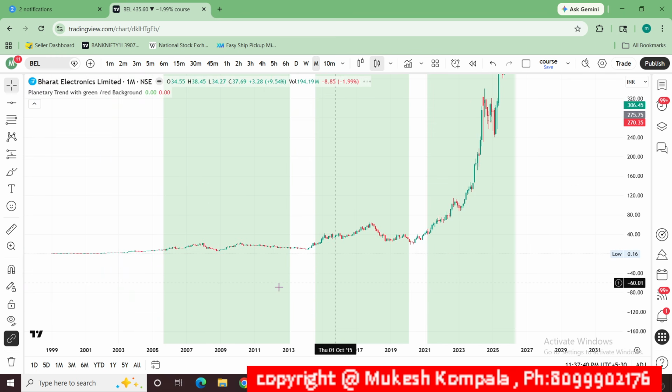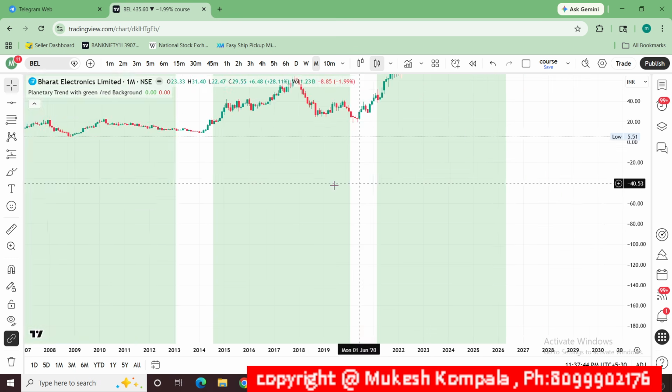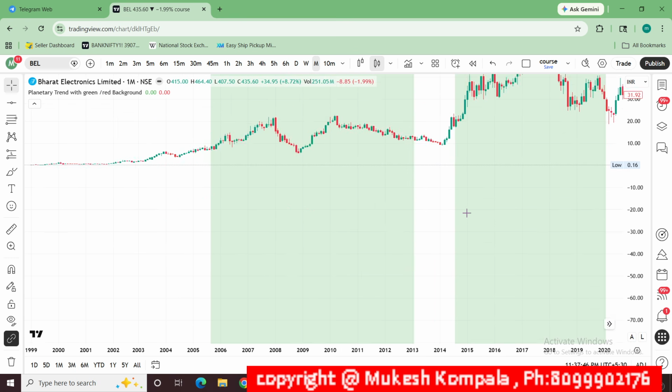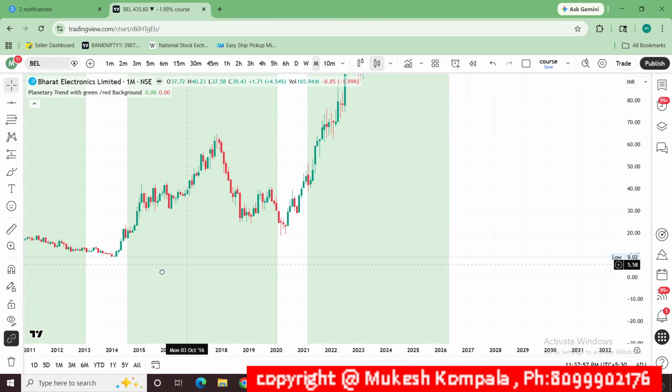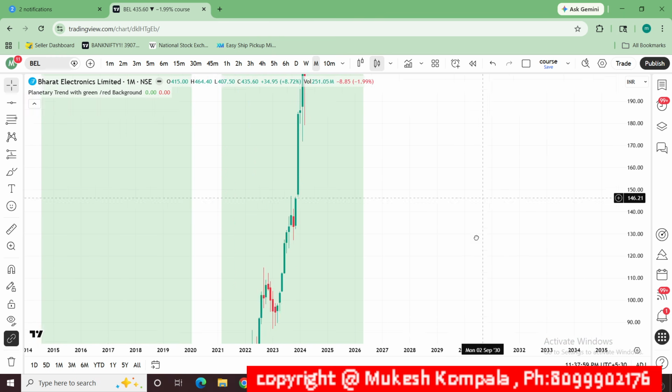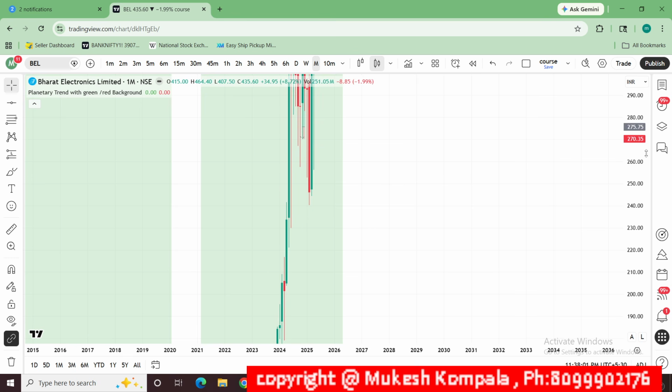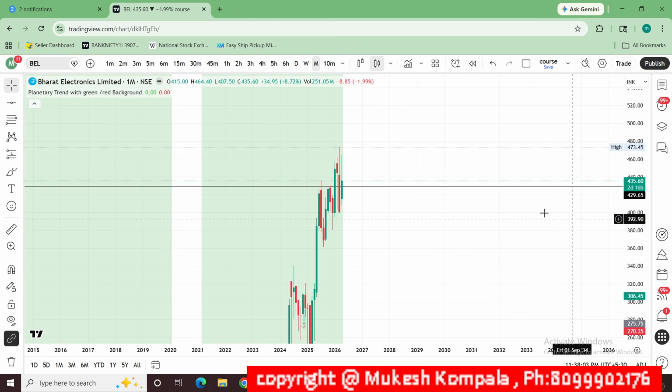Oh, nice, skyrocket. It has given the perfect signal for this whole, 7 rupees only, in 2005. Forget about the old one, look at the latest one. That means the entry point at 7. Yes, it's a rocket on the latest signal.